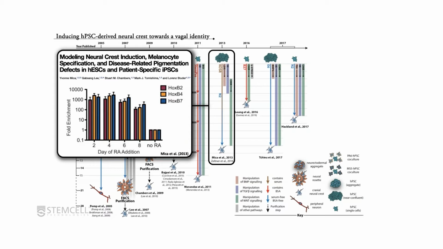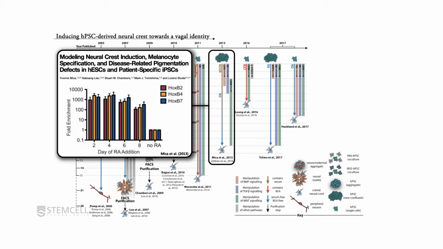However, in the presence of retinoic acid, it was possible, they showed, to induce HOXB2, B4, and B7, the expression of which is consistent with a vagal identity. So you can see HOXB2, B4, and B7 represented in red, yellow, and blue respectively here, in response to 1 micromolar of retinoic acid added on day 2, 4, 6, or 8 of their 11-day-long protocol.